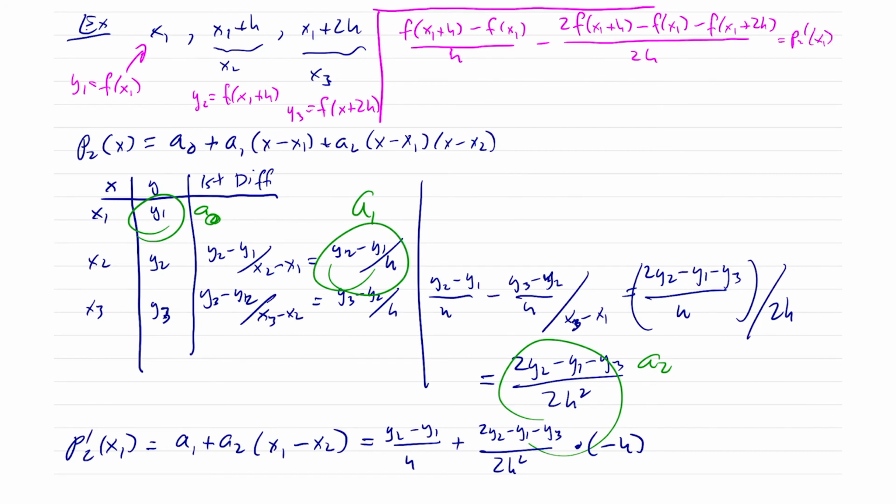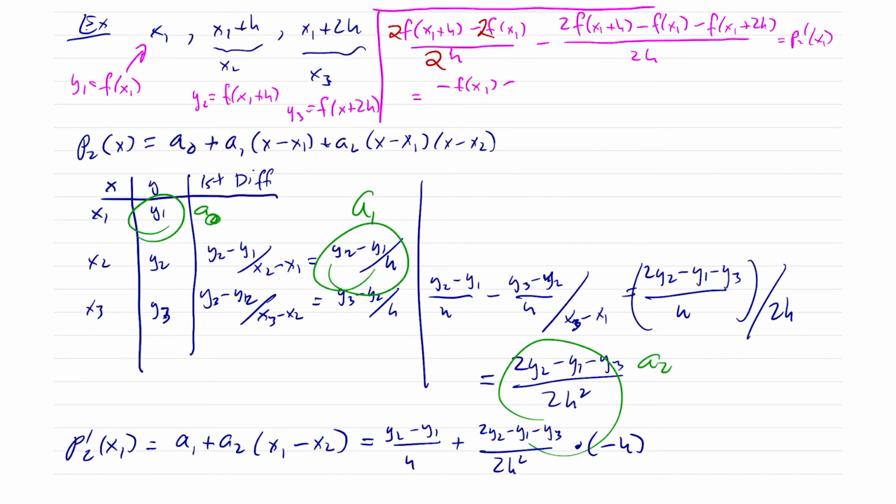And so this should be p2 prime at x1. All right, we can do a little bit more simplification. If I put 2's here, here, and here to give a common denominator, then what do I get? So I have 2 f of x1 plus h, and I'm subtracting 2 f of x1 plus h here, so that disappears. Now I have a minus 2 f of x1, and then I'm subtracting an f of x1 here, so it's going to look like minus f of x1 total there.